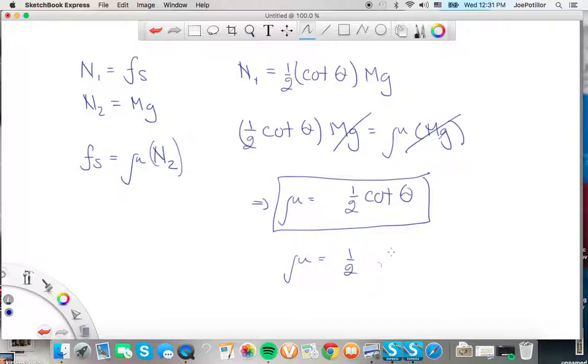Mu is equal to 1/2 cotangent of the angle, which is 60 degrees. We bust out our fancy calculators.